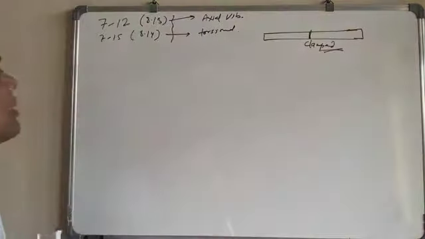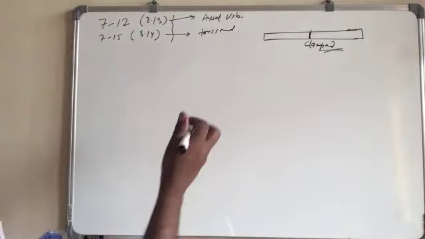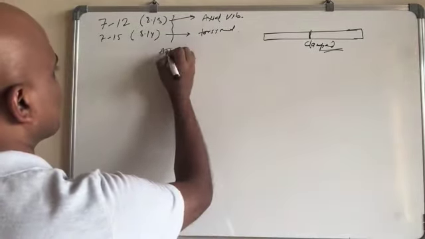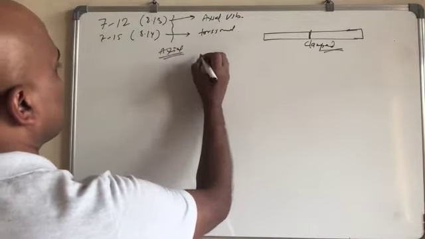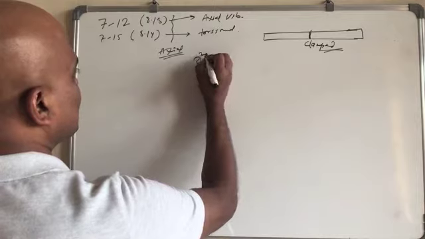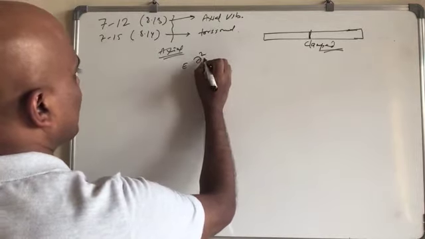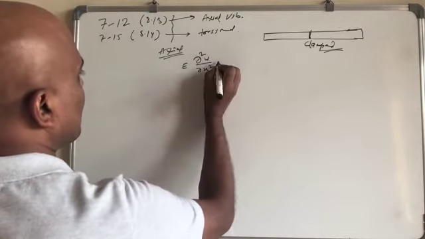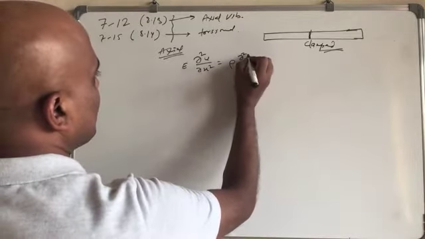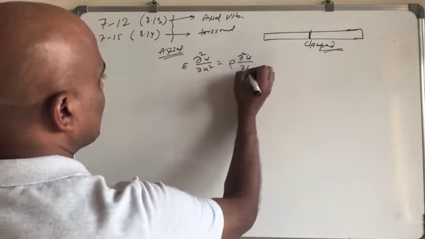If that is the case, let us say we are solving the axial system. For the axial system, we have E del square u over del x square equal to rho del square u over del t square.